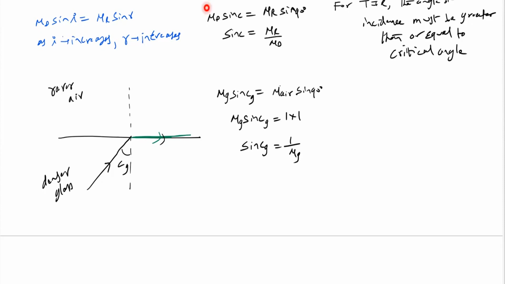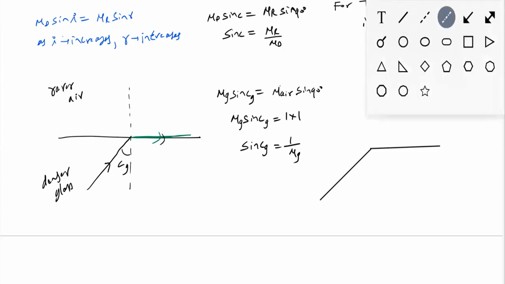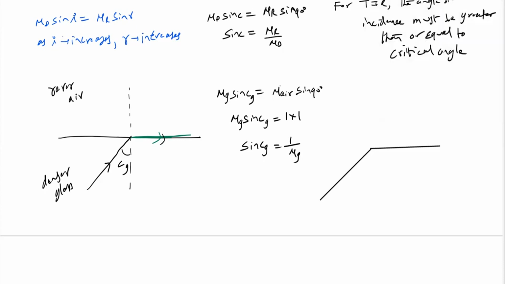Like this, we can define critical angle for a pair of media. The critical angle is defined for a pair of media. What is the pair of media here? Glass and air. Similarly, we can define the critical angle for a different pair, glass and water.